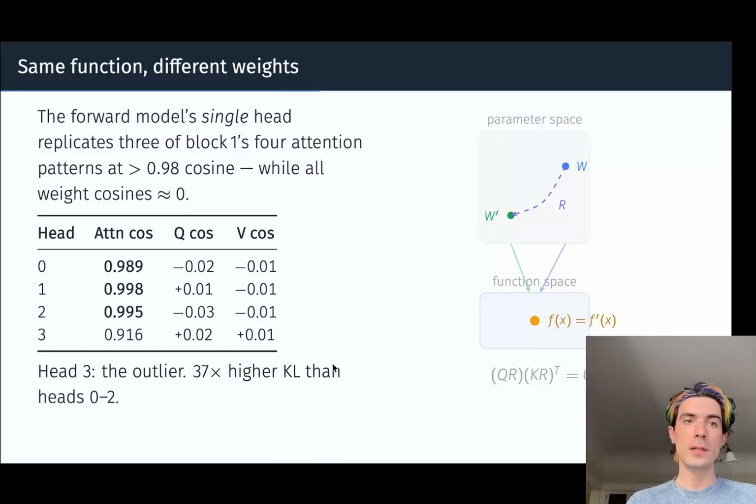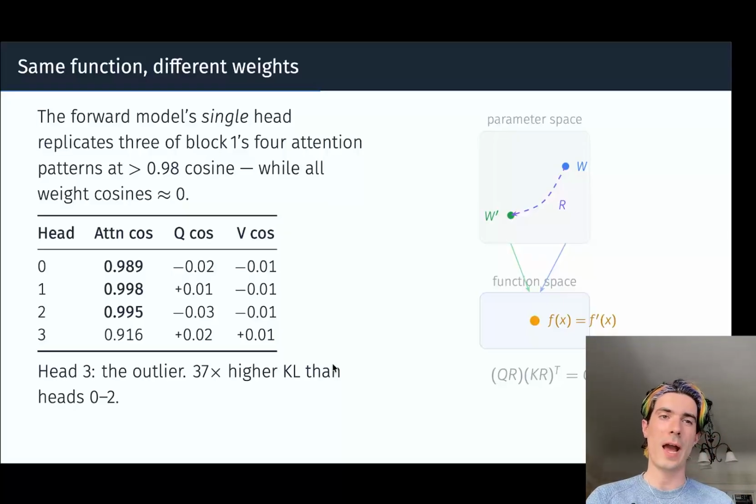So still in our small scale experiments, one thing that I found really interesting was the fact that you can represent the computation of the main model through a variety of different isomorphic weight representations. And by default, whenever you train this, you're typically not going to find the same weight representation that the main model has.